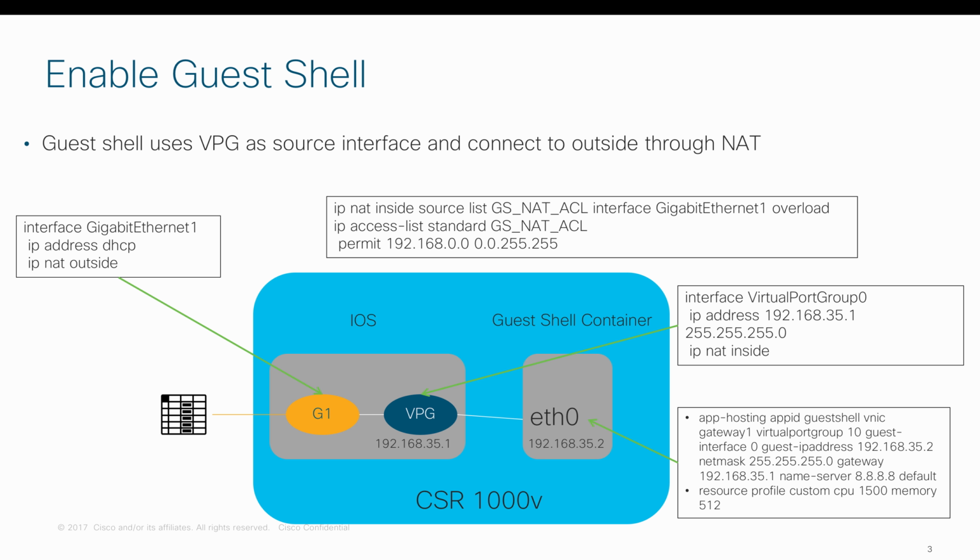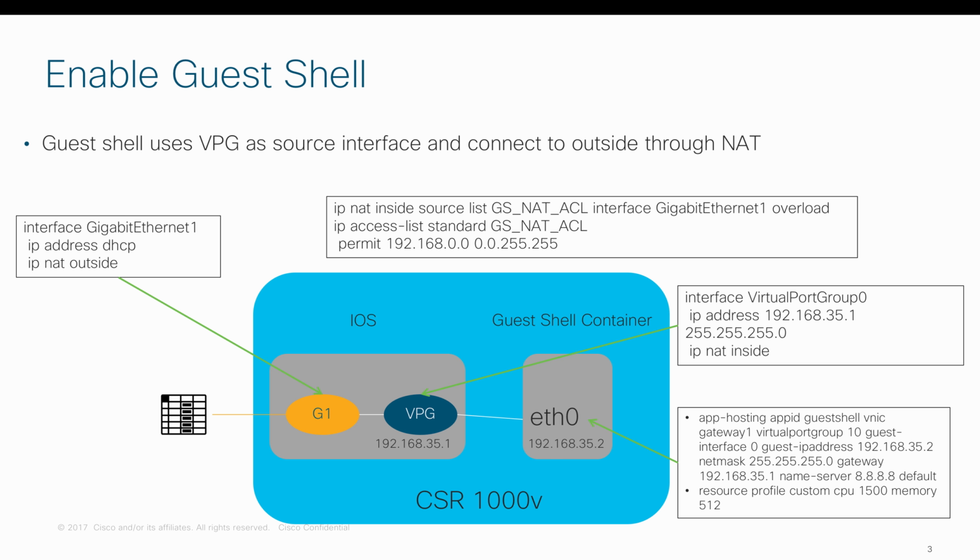So in this case, we are assigning 192.168.35.1 to the virtual port group 0. And we assign 35.2 to my eth0, which is running in my GuestShell container. We also set up the DNS name server as 8.8.8.8, which is the Google DNS name server.